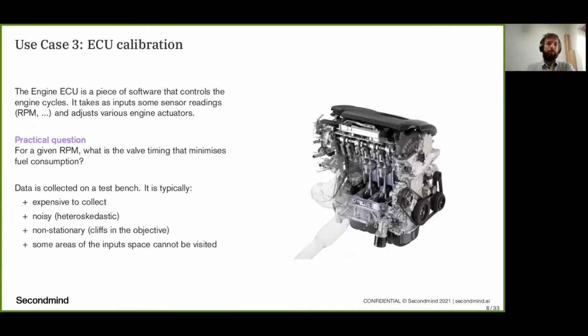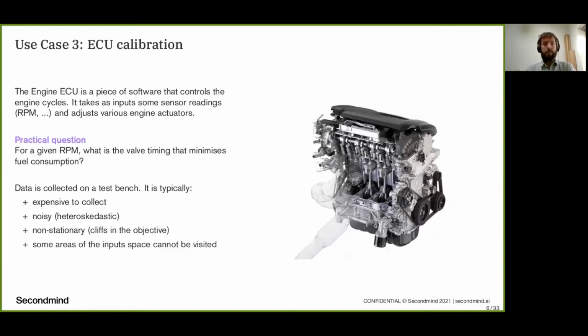And the last example I'll talk about is something we are working on very intensely at the moment. That's an engine calibration problem where we want to calibrate the engine control unit, the electronic control unit of the engine.